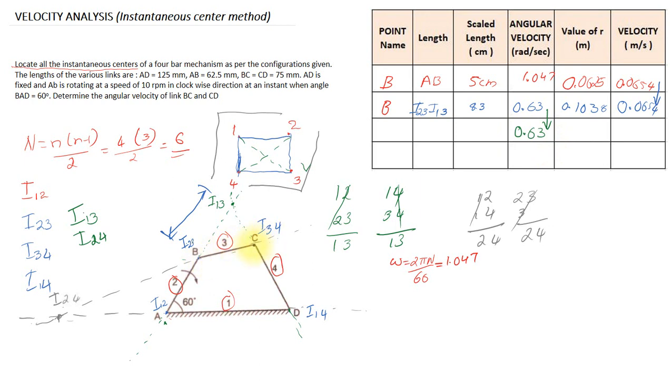Next we are going to calculate the point C, and here the distance will be I13 to I34. This is the point I13 and this is the point I34.